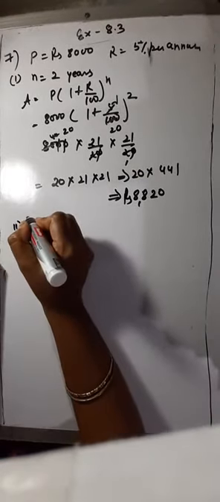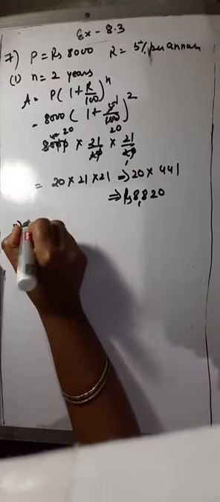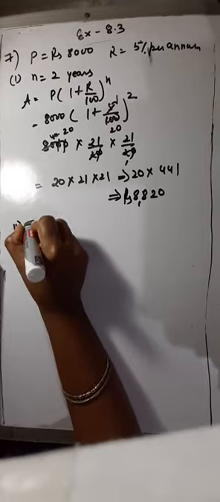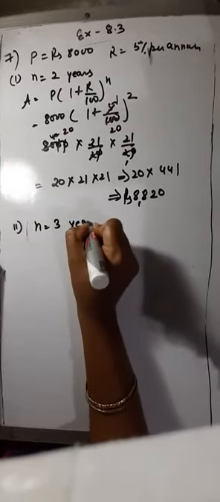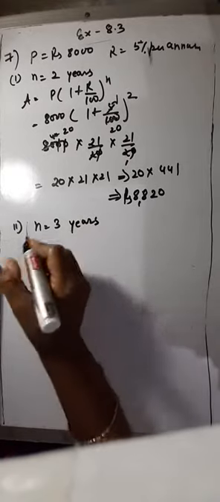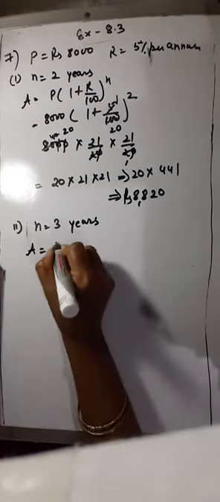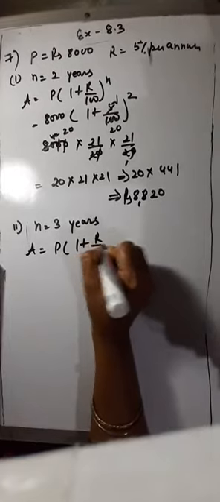Second, the interest for the third year. That means n is equal to 3 years. Amount is equal to, put the formula.